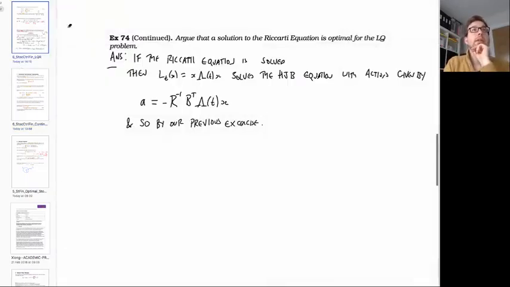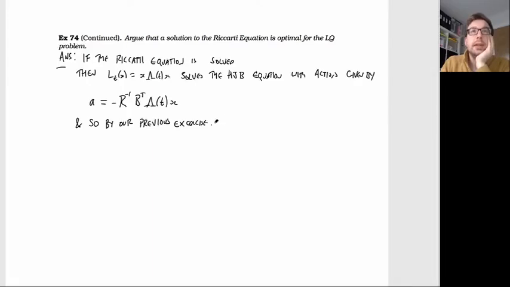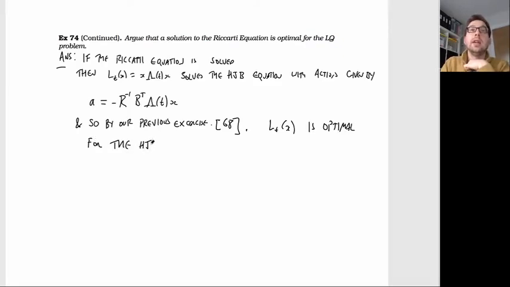Okay, so by exercise 68, L of t of x is optimal for the HJB. Okay, and that's it.